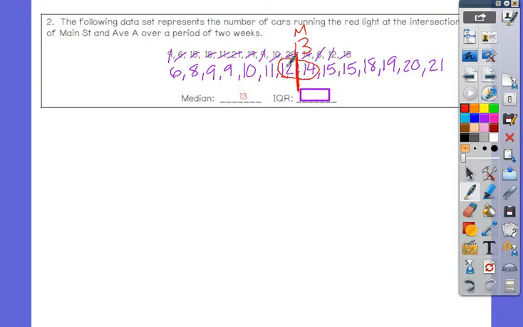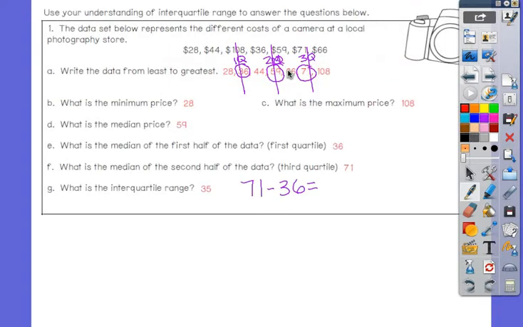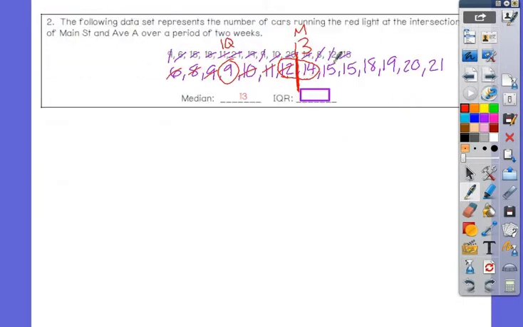So I am going to use this 12 when splitting my data. I find that 9 is my quartile 1. I used that 12. Last time I did not, because there was only one number, so I used the ones to the side. But if there are two, you use it.